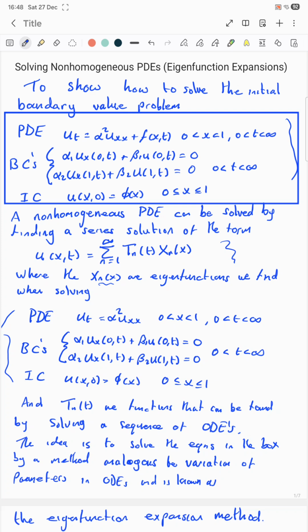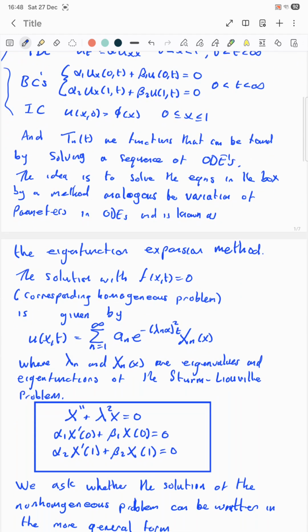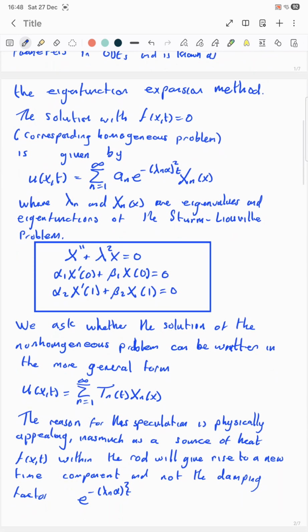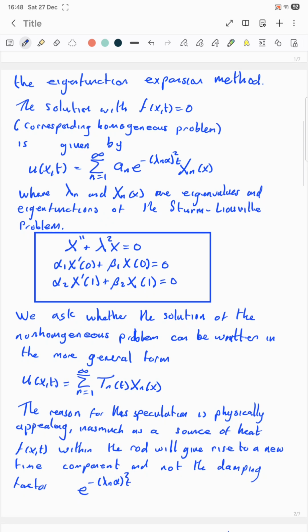The idea is to solve the equation in the box by a method analogous to the variation of parameters in ODEs, and is known as the eigenfunction expansion method.